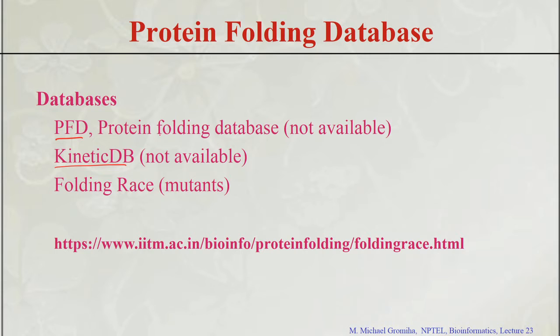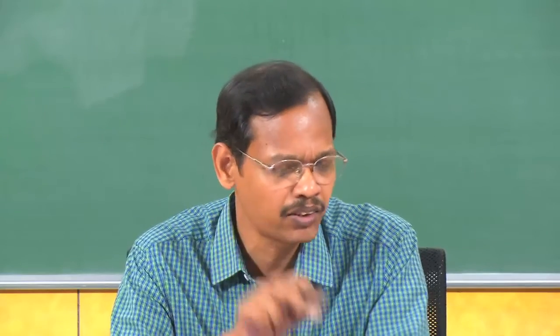The folding database they tried to establish using a collaboration among different experimentalists. They assigned different proteins to different experimentalists to get the data at the same concentrations, and then they compiled all the data and developed this database.